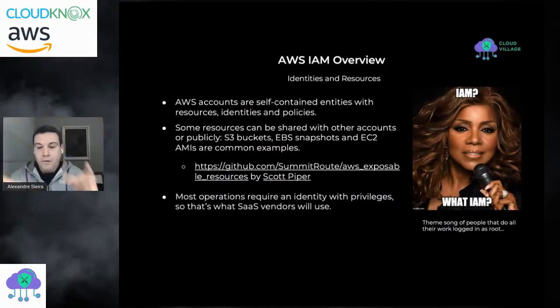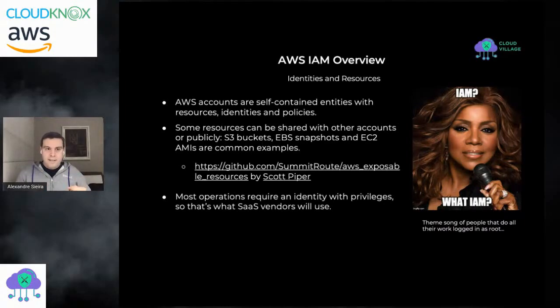And so I'm going to start with a very quick, 1,000 feet high overview of AWS IAM, just for people that are not very familiar with the concepts. But AWS has a few very interesting concepts that we need to cover. First of all, on AWS accounts are self-contained.